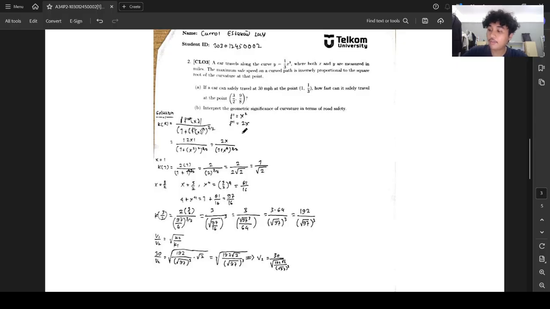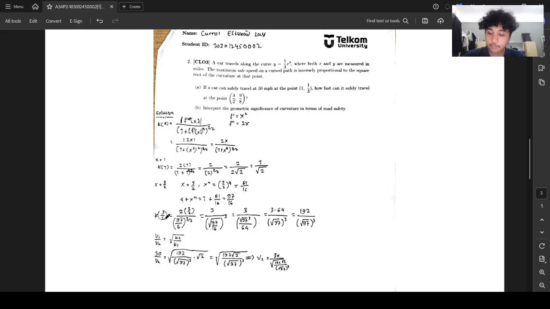So first, if a car safely travels 30 miles per hour at the point (1, 1.3), how fast can it safely travel at the point (3/2, 9/8)? And interpret the geometric significance of the curve in terms of road safety.